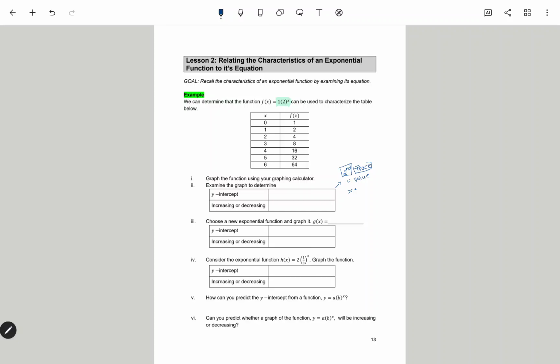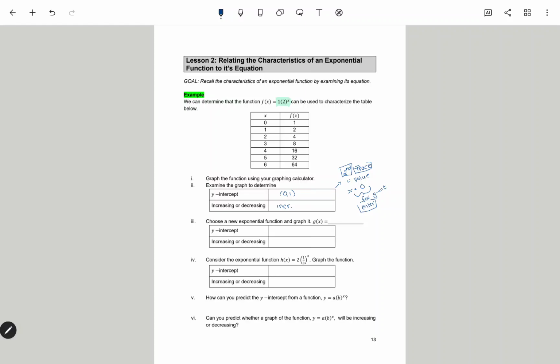Because we are dealing with a y-intercept, our x is always equal to 0. So you're going to hit 0 and then you're going to hit enter, and that's going to tell you what your y-intercept is. You're going to figure out your y-intercept is 0, 1, and hopefully by looking at your graph you can see that it's increasing.